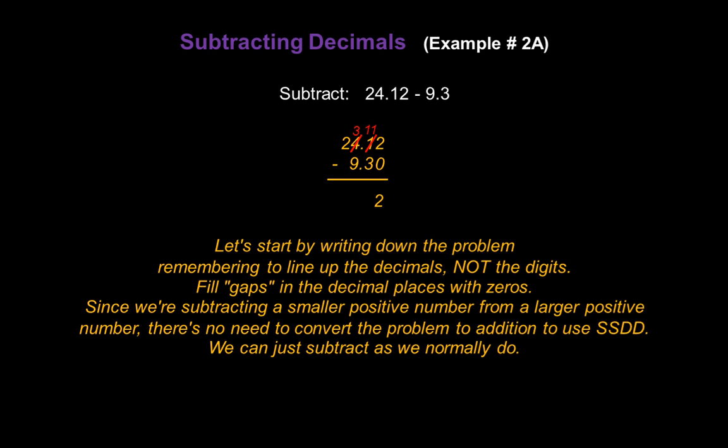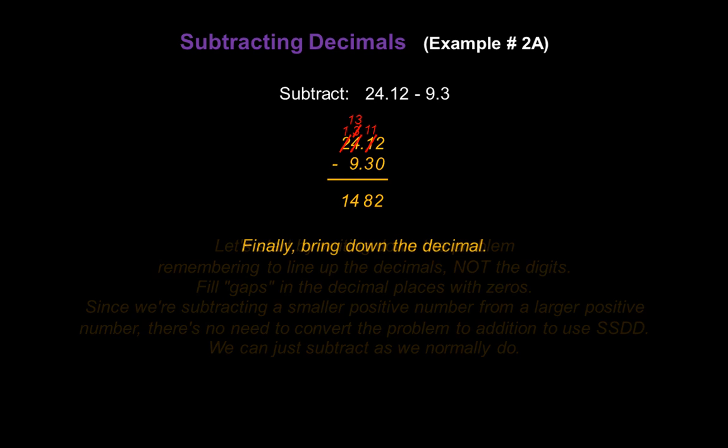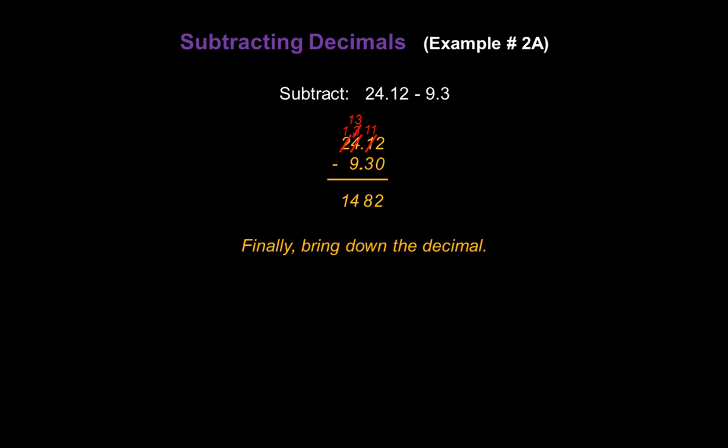So now we've got 11 minus 3, that gives me 8. 3 minus 9, can't do, got to borrow from the 2, so the 2 becomes a 1 and the 3 becomes a 13. So 13 minus 9 is 4, and then the final 1 comes down. Finally, bring down the decimal, just like that. Then 24.12 minus 9.3 is 14.82.